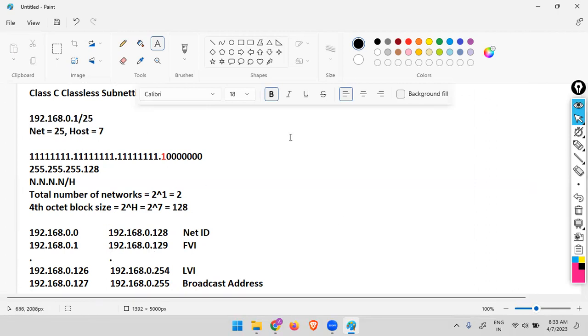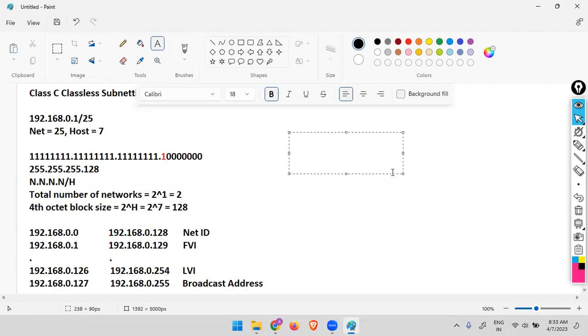Now let's say the IP given to you is 192.168.0.1/25. According to this IP, what will be the network ID? What will be the broadcast address? The network ID is 192.168.0.0.